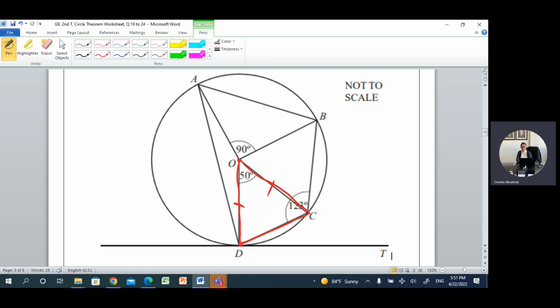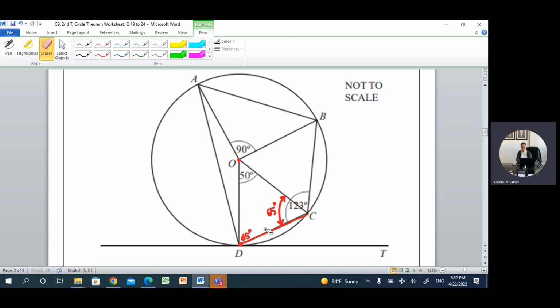So this triangle is an isosceles. And accordingly, if you subtract the 50 from 180, the answer will be 130. And then if you divide 130 by 2, the answer will be 65. So this angle here is 65 degrees. And this angle here is also 65 degrees.